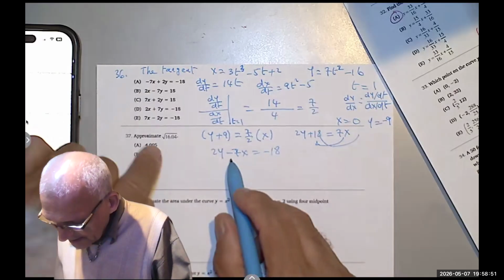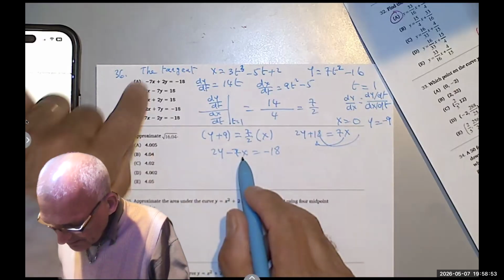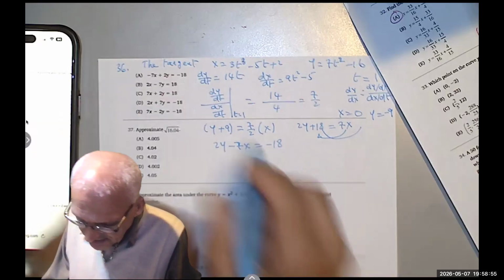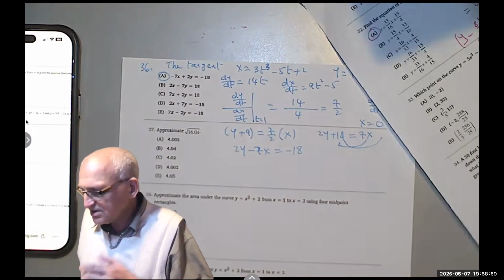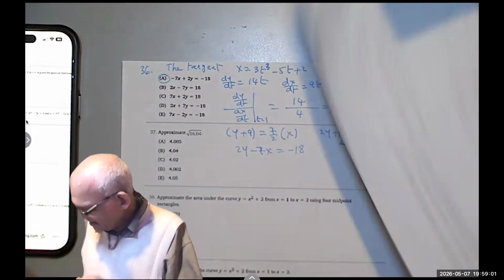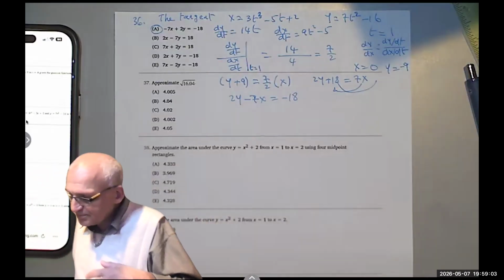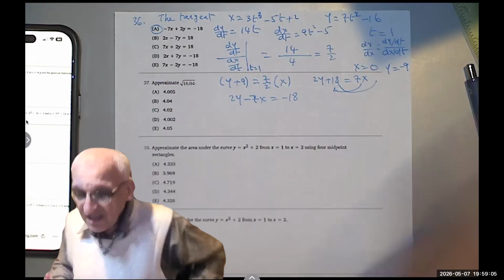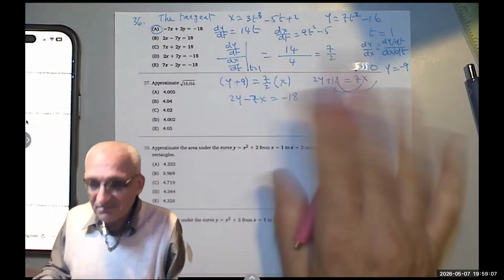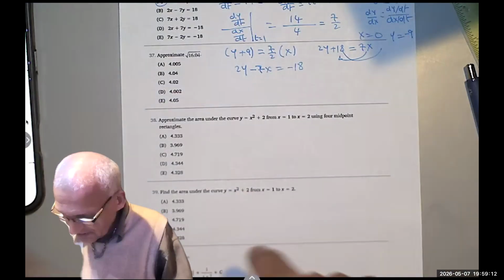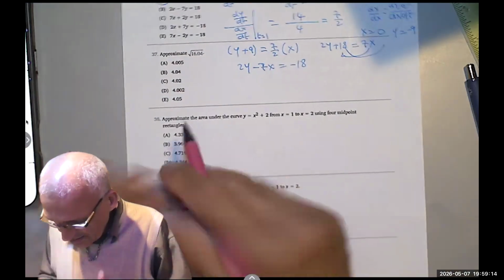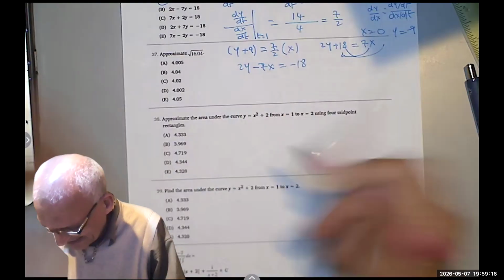I get negative 7x plus 2y equals negative 18, which is the answer. So I thought they wanted just the slope, but they still want the equation like the previous problem, but this time it is parametric. Guys, sorry for the mess, but I'm a little worried that I wouldn't be able to finish in approximately good time.